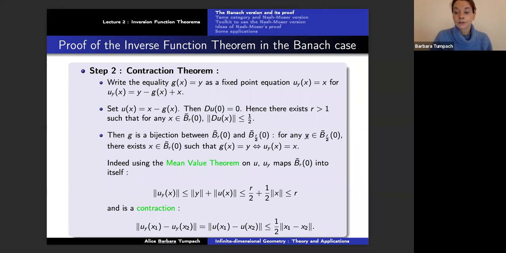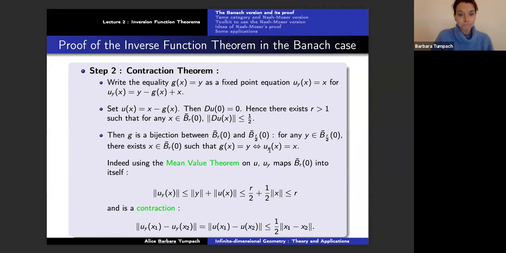And for any y in the small one, we have to find an x in the big one satisfying that the image of x is y. Here, we use the fact that this equation, image of x equal to y, can be written as a fixed point equation for the map u_y.